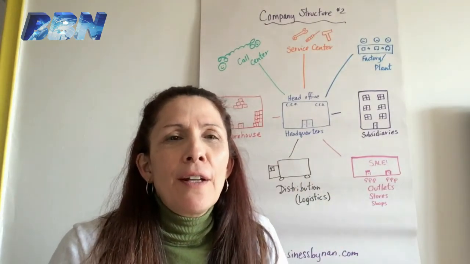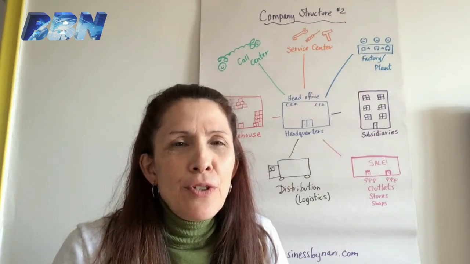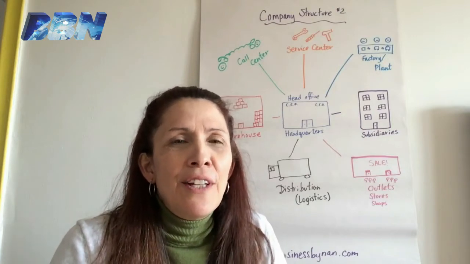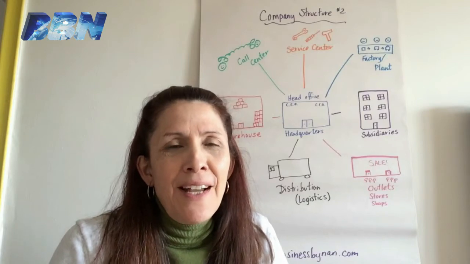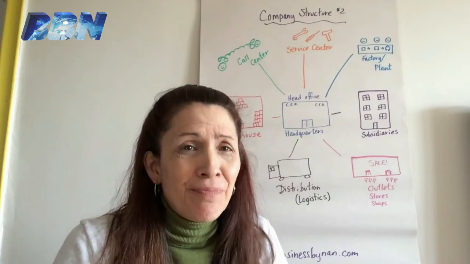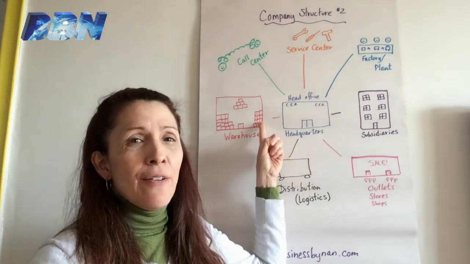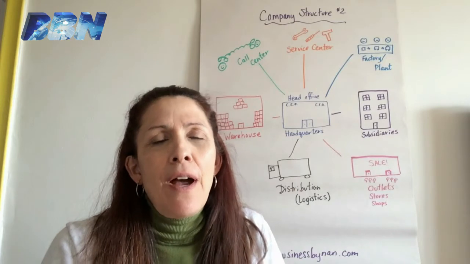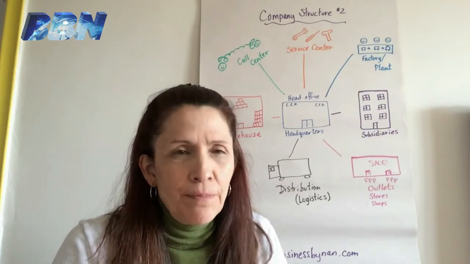So we bring the products from the warehouse to the distribution center, and then they are sent to the outlets or stores or shops. If we look at the warehouse, you'll notice we have the inventory of how many goods we have. We call it goods, or we call it stock.